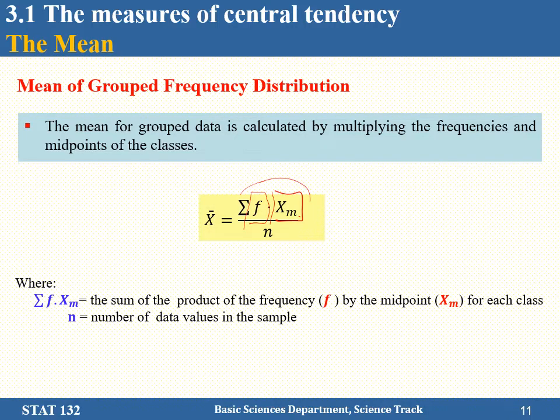We add all the products and then divide by the total frequencies. So n is the total frequencies, the number of data values in the sample, or it will be equal to the sum of the frequencies.